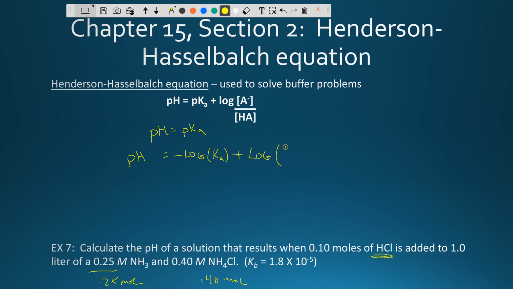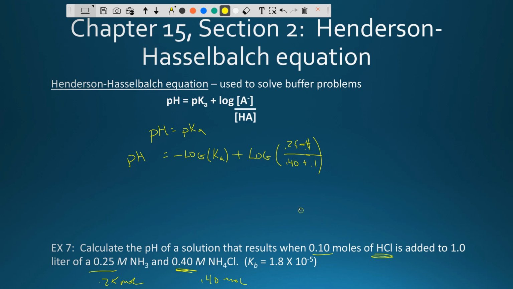And so I have 0.25 plus my, let's see, how many moles? I'm sorry. Actually, this is going to be my base. He's going to lose the 0.1 moles here. And so then I have also my 0.40 plus my 0.1 moles from my acid, because the acid side is going to be gaining that.